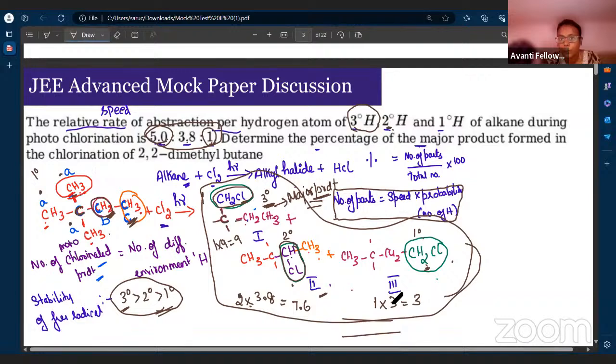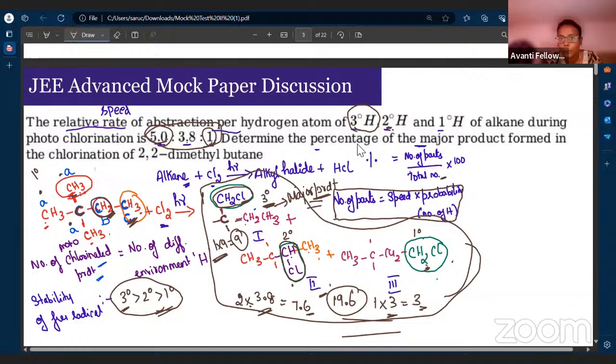Okay, fine. Now you just add these together. So 12 plus 7.6 is 19.6, which is the total number of parts. And which is your major product over here? This is the major product. What is the number of parts? 9.